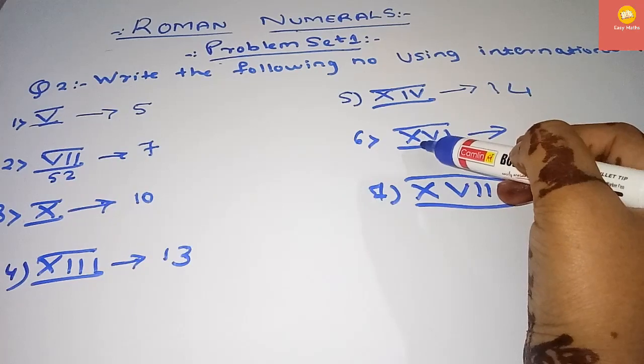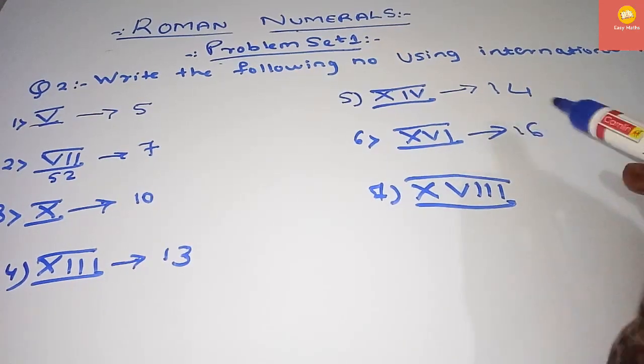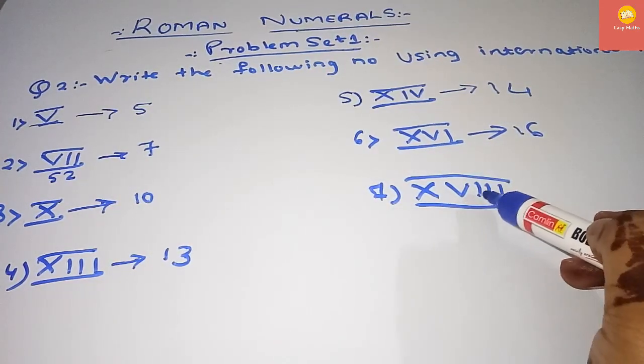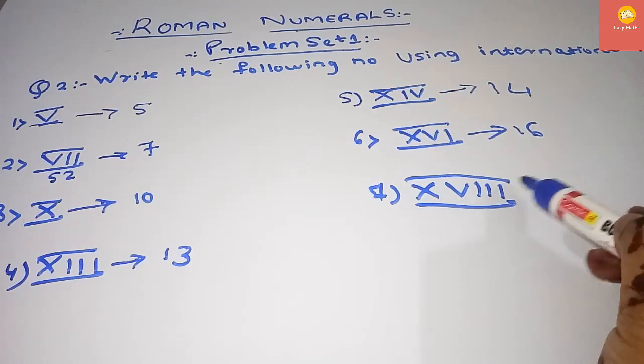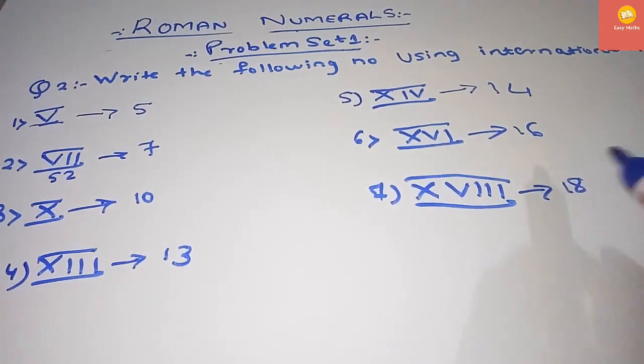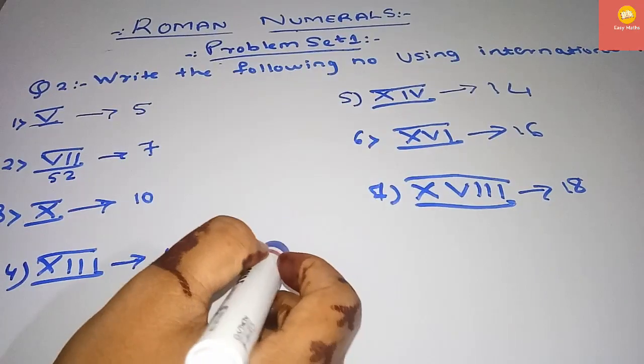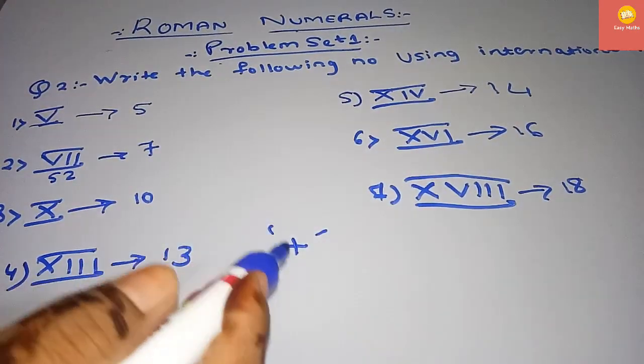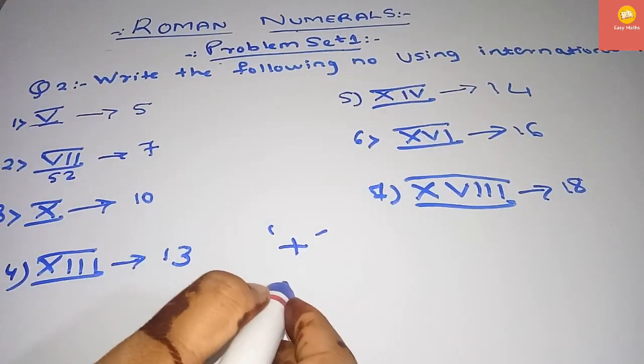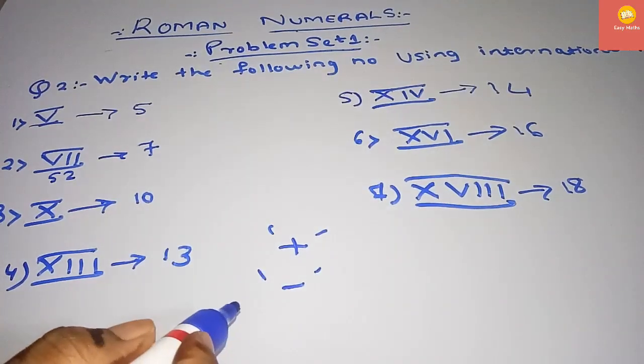We'll add it. 10 plus 6 is 16. 10, 5, 6, 7, 8. 10 plus 8 is 18. Okay. This is very simple. Whenever the I is on the right hand side, we are going to add it. When I is on the left hand side, we are going to do subtraction.